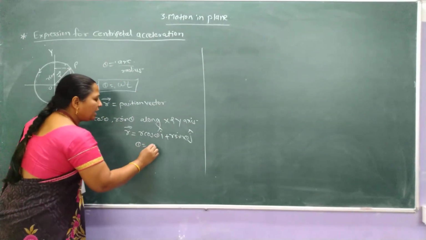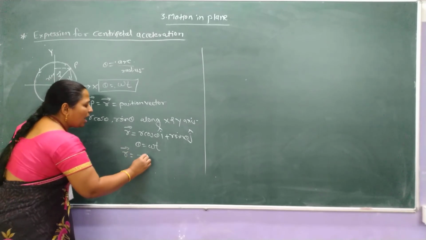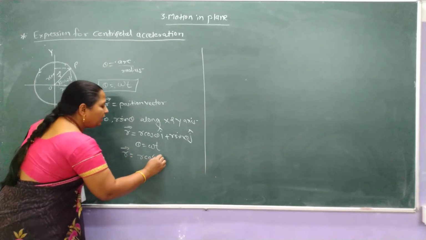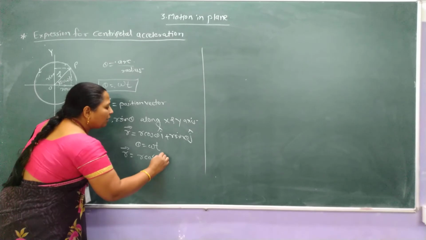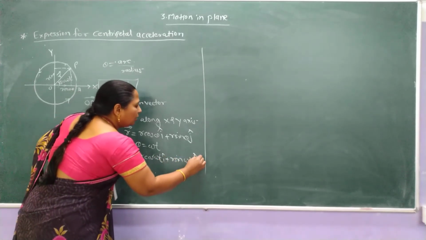Then r vector is equal to r cos omega t i vector plus r sin omega t j vector.